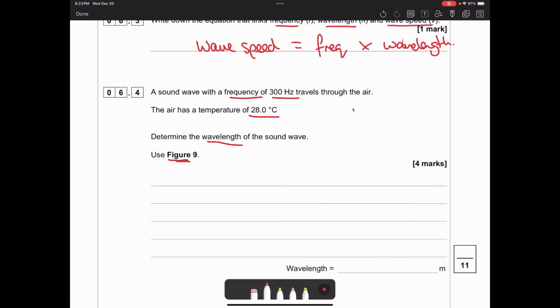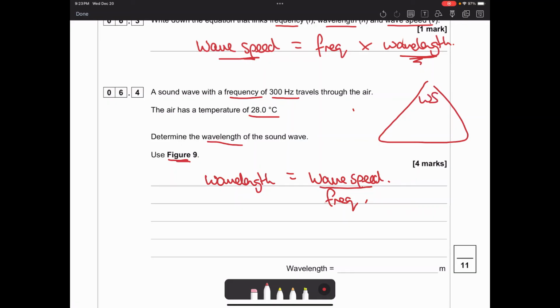If wave speed is frequency times wavelength, then to get wavelength by itself, wavelength would be equal to wave speed divided by the frequency. You can put it into a little triangle if you need to: wave speed, frequency, wavelength.